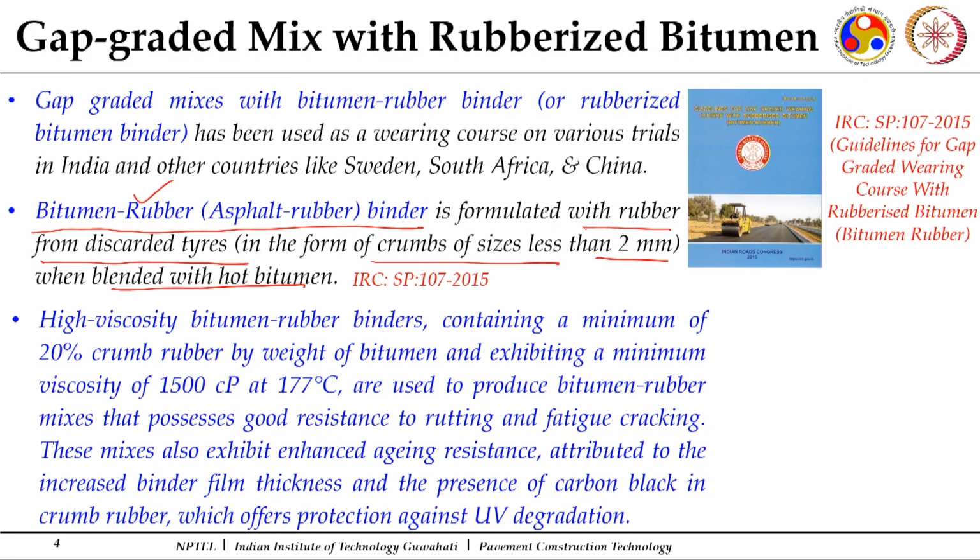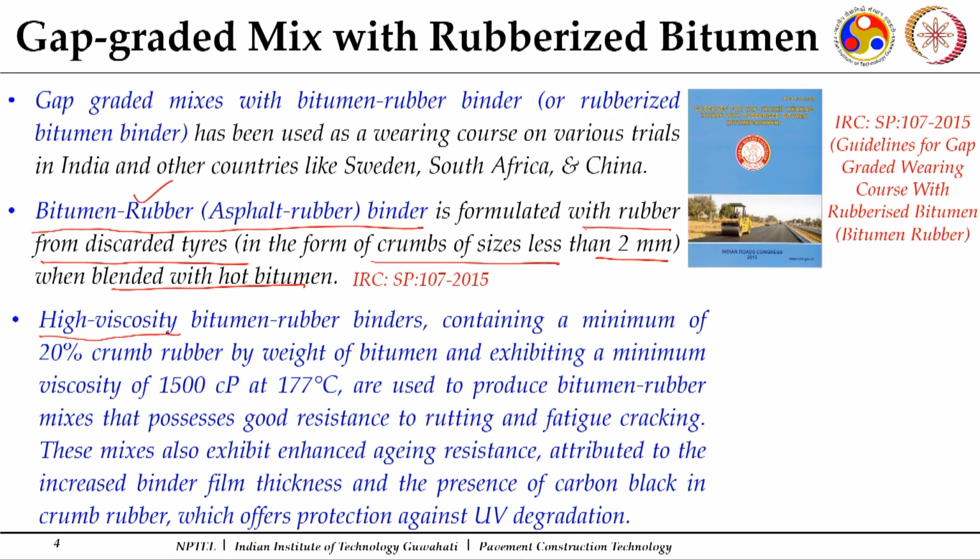Now, since a good amount of these crumb rubber particles is introduced into the binder, we will have a high viscosity of this particular binder. We will be targeting at least 20% rubber by weight of bitumen in these rubberized bitumen, so that they will have a viscosity of a minimum value of around 1500 centipoise at 177 degrees centigrade.